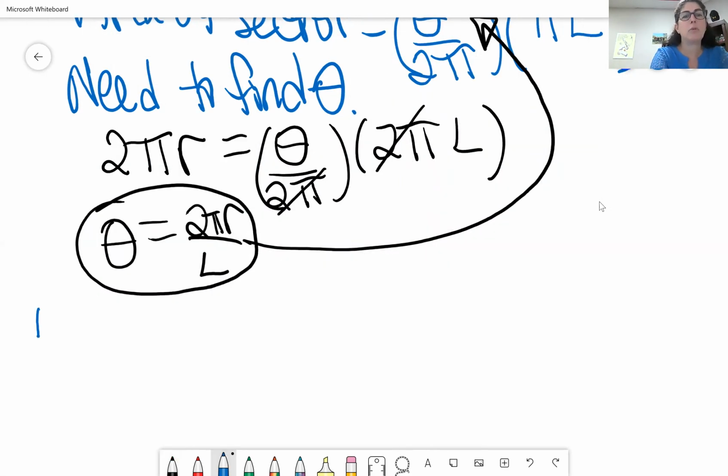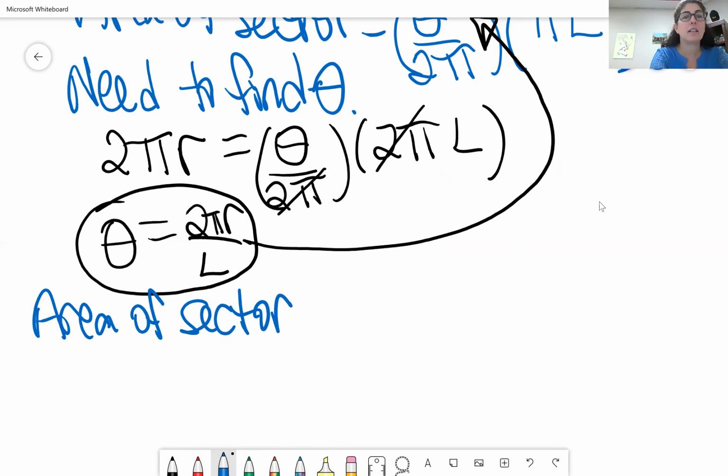Go back to blue, area of the sector, which remember is the same thing as the lateral surface area of the cone.